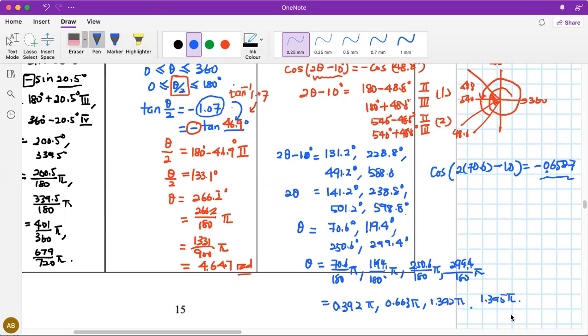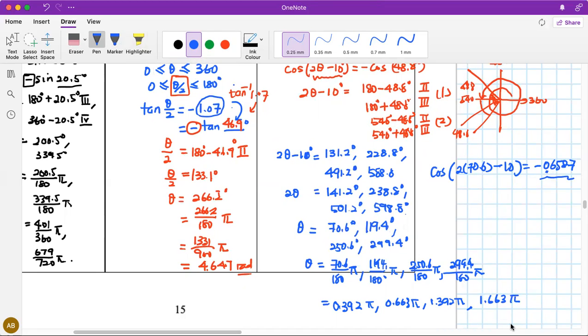And lastly 299.4 divided by 180, you get 1.663, so 1.663 pi.